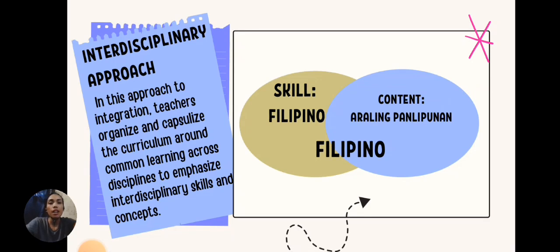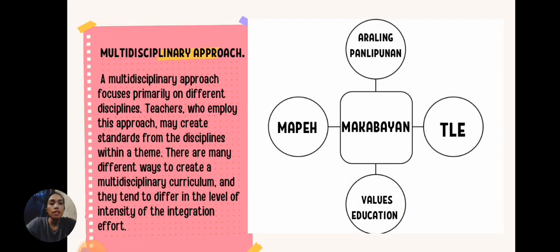Next is the interdisciplinary approach. In simple terms, it is within the discipline or within the subject area. In this sample illustration, we have history. History is a sub-discipline of APE.